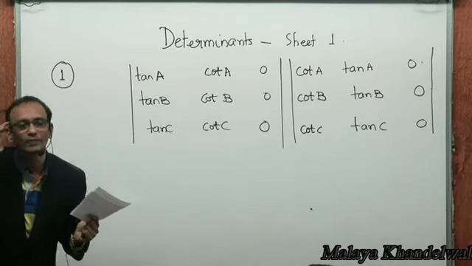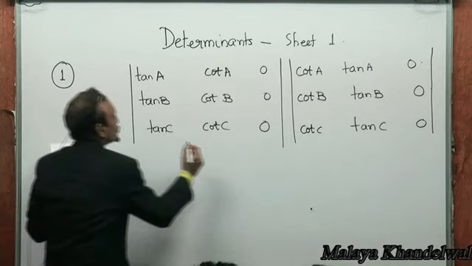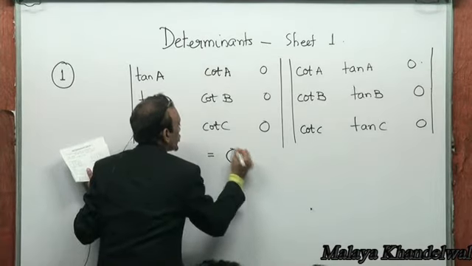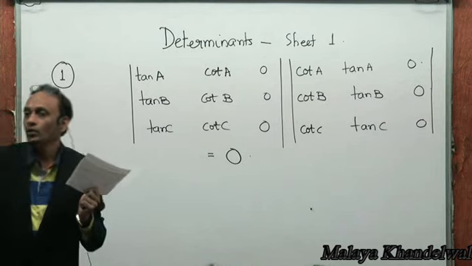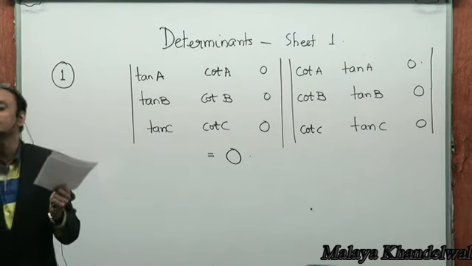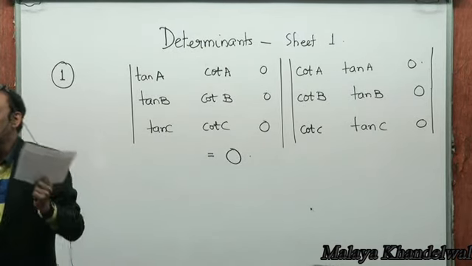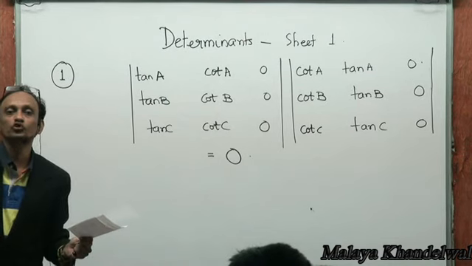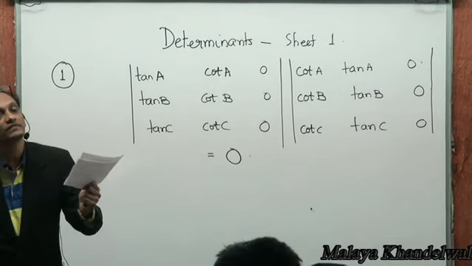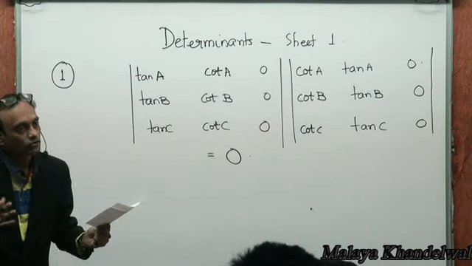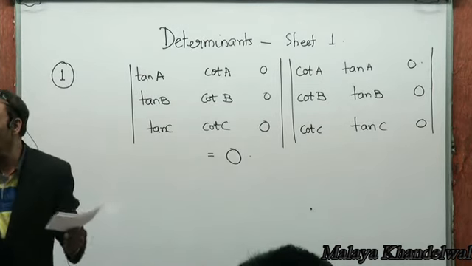I hope all of you know how to multiply two determinants. You could do row by row, column by column, row by column, column by row. All possible things are allowed because a determinant could be transposed. Rows could be converted into columns or columns into rows. Transposition will not alter the value of the determinant.